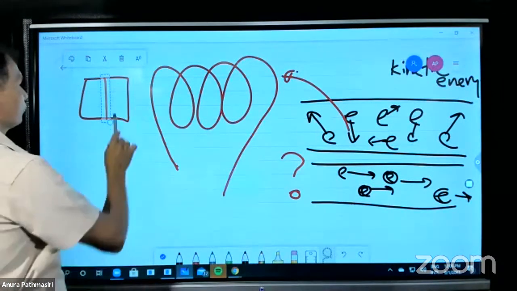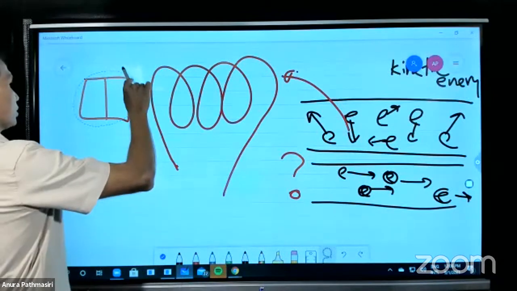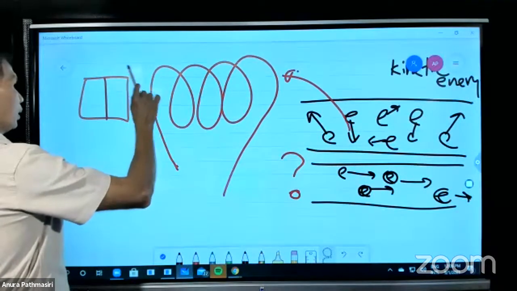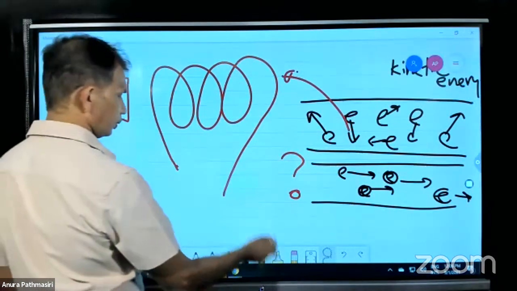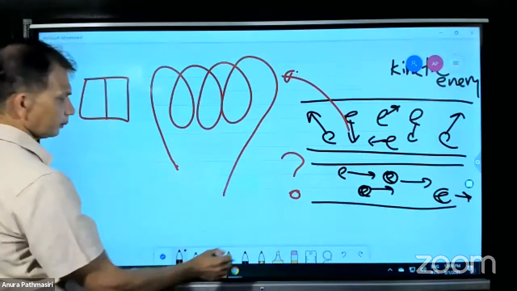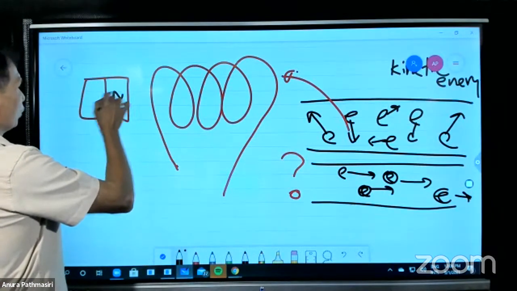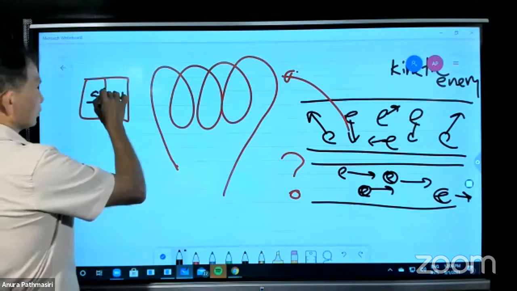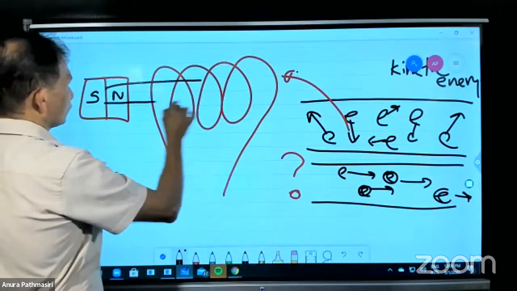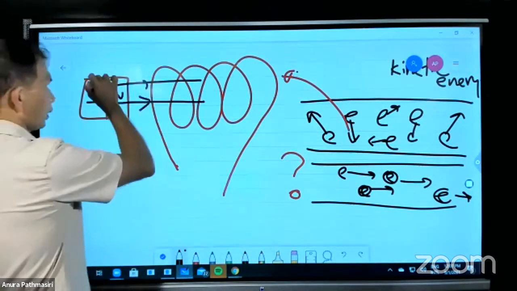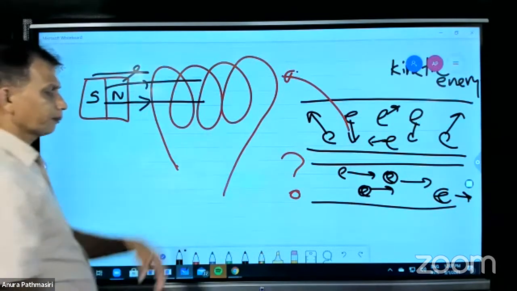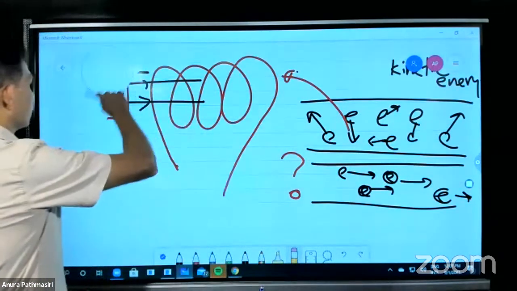How can I change it? Let's have a look at that. When the magnetic force is changing, right? So the magnetic force, if you can move this up there, I will try again.